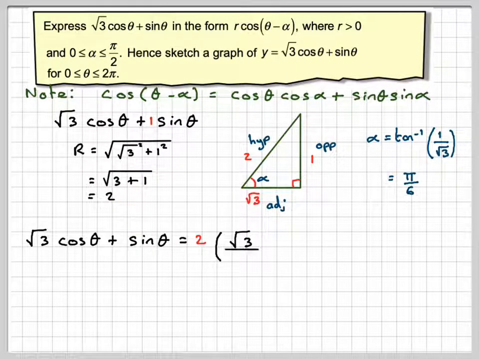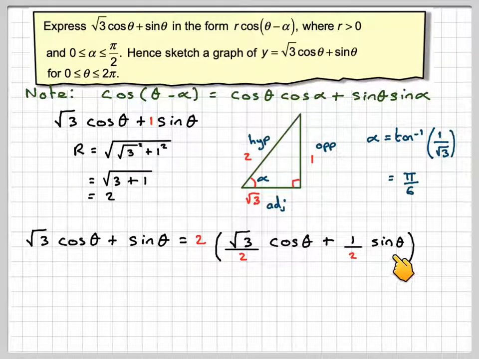2, which is r, bracket root 3 over 2 cos theta plus 1/2 sine theta. If you take the 2 in, you get back to the line up here. This has to represent cos alpha, and this has to represent sine alpha, and because of that, we have to put that 2 in front.